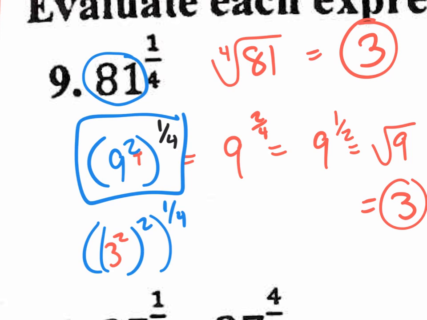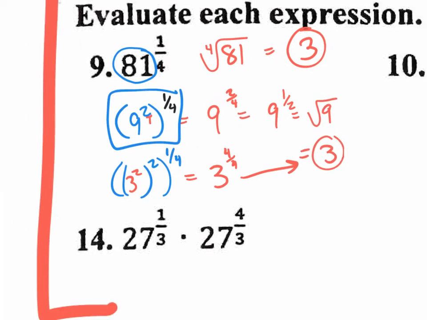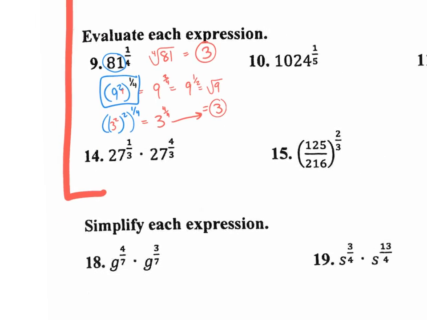So you'd have power to a power to a power, multiply 2 times 2 is 4, 4 times 1/4, that's 4/4. And 3 to the 4/4 is just 3, same answer. Okay, so I really want you to be flexible. I want you to be able to think differently. You could be solving the problem completely different than somebody else and get the same answer.